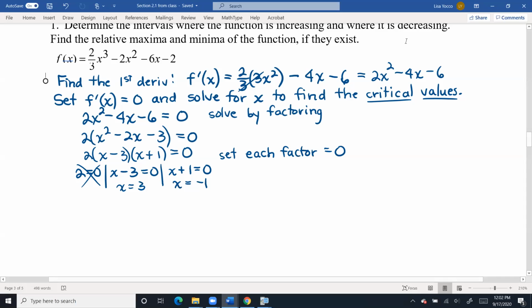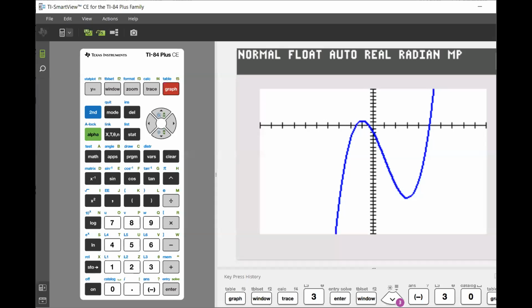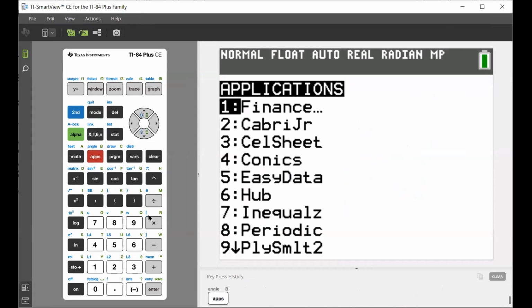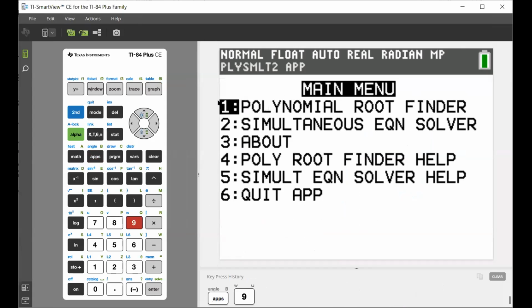Now, I'm going to go to my calculator. Now I showed you, if you have this application on your calculator, item 9, poly simultaneous, it may or may not say a 2, that doesn't matter, but poly simultaneous is a very nice feature. It solves a polynomial equation. So I got that, and I went for polynomial root finder.